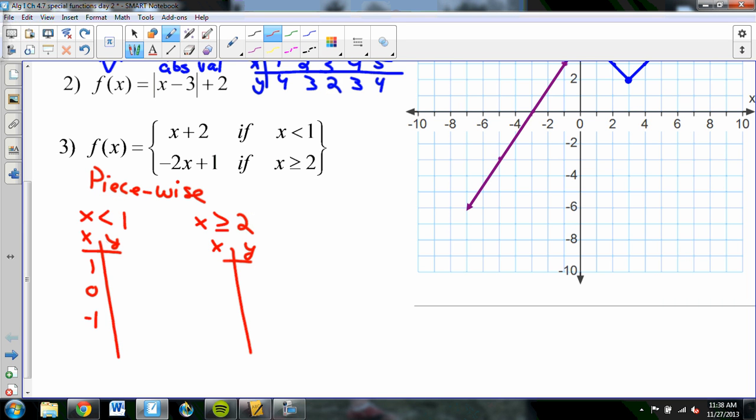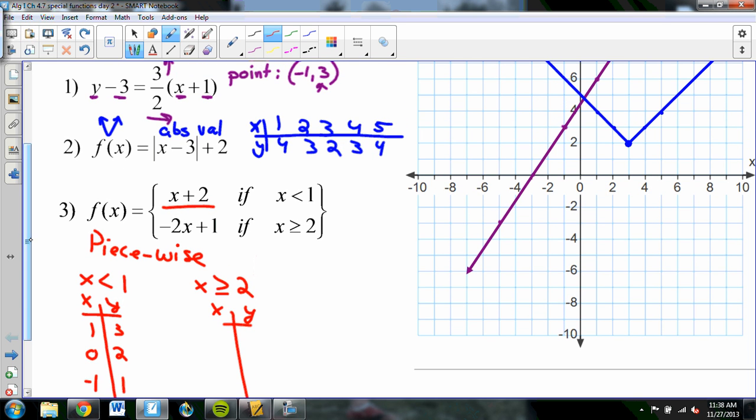I plug them into this function, because that's the one that has x less than 1. 1 plus 2 is 3, 0 plus 2 is 2, -1 plus 2 is 1. So I have the point 1, 3, 0, 2, -1, 1. The line's going to go like that.